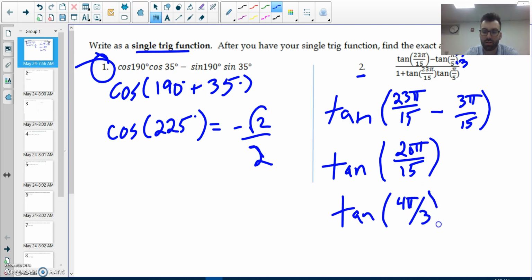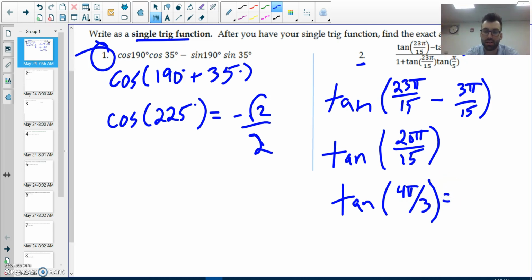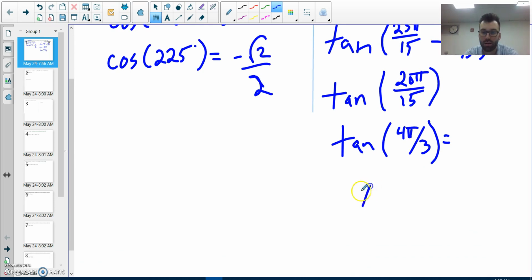It's in quadrant 3, so I know tangent's going to be positive. Remember, tangent is sine over cosine, or y over x. So it's going to be negative root 3 over 2 over negative 1/2.